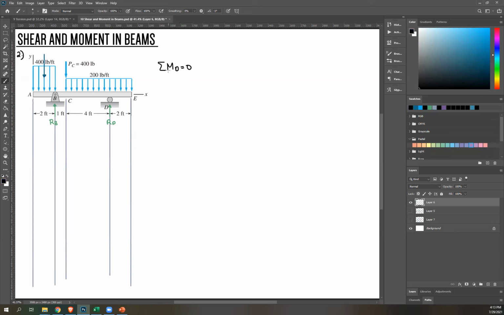This is rectangular, so that's base times height or weight times length. So 400, its length is 2 feet. You make sure your units are uniform. And then rotate about D. Counterclockwise, therefore negative, and then get this distance from your point load. So 4 plus 1, this span is 2, therefore this is 1. So 4 plus 1 plus 1, 6.